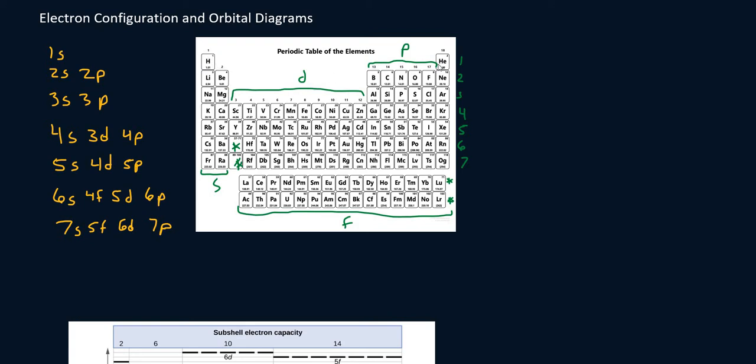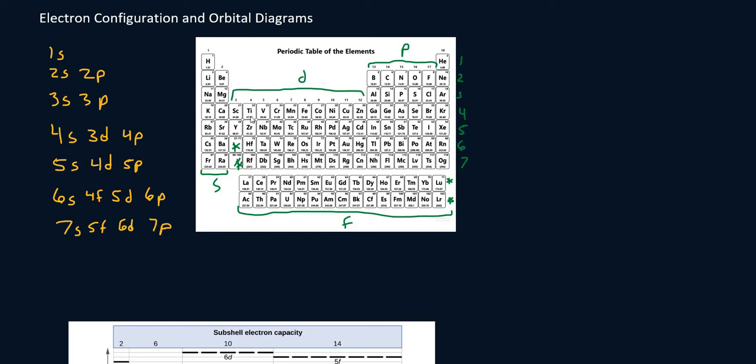So hydrogen and helium are 1s. Then we have 2s, which is right here, and then 2p, which is here, and so on. 3s, 3p, 4s, 3d. So remember that D and F don't follow the same pattern as S and P.